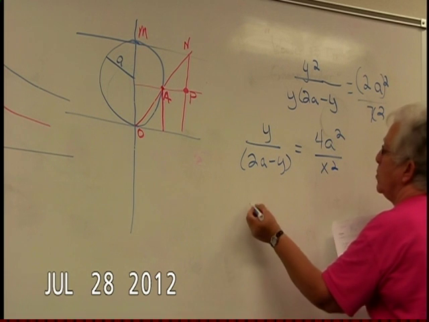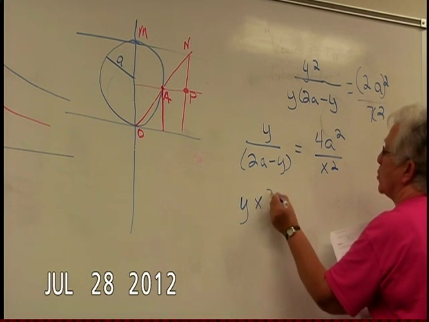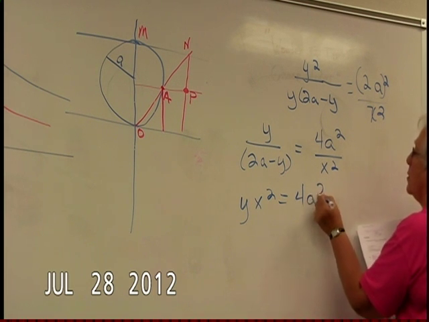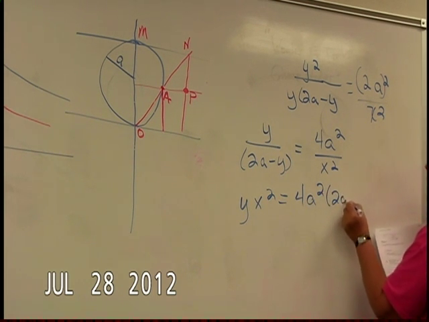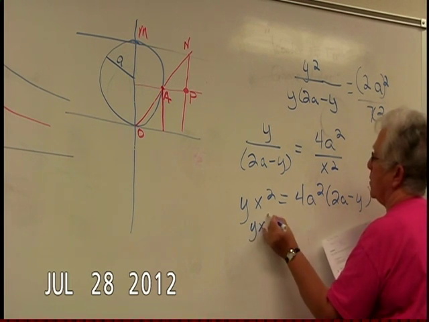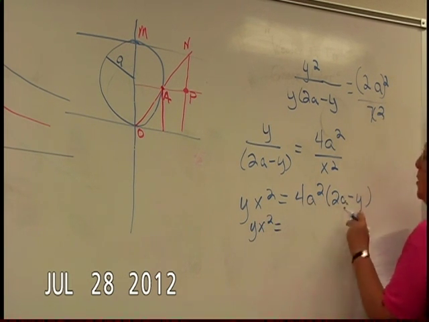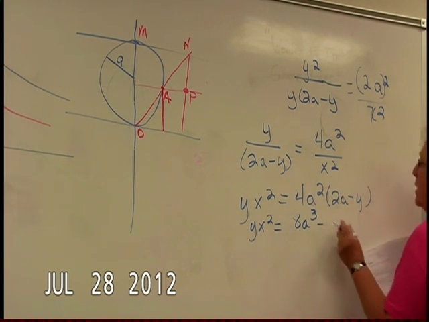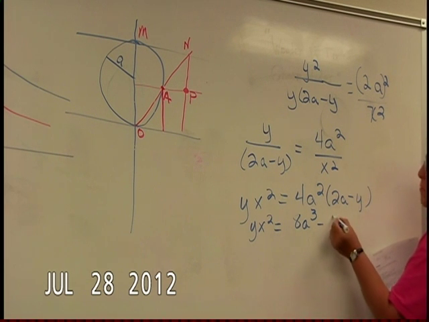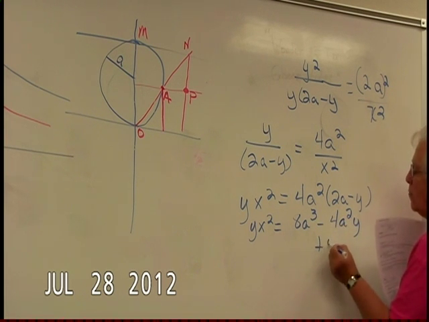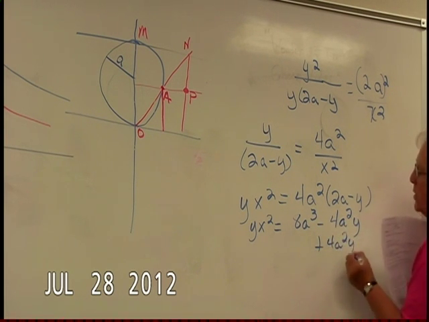Cross multiply, you get y x squared equals 4a squared times 2a minus y x squared. Distribute, that gives you 8a cubed minus 4a squared y. Add 4a squared y to both sides.